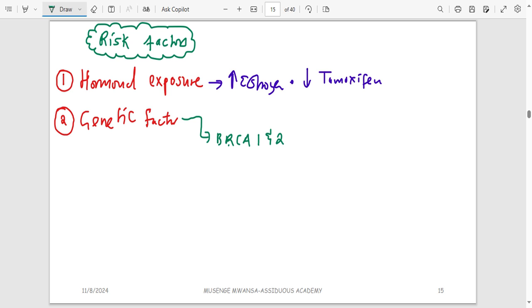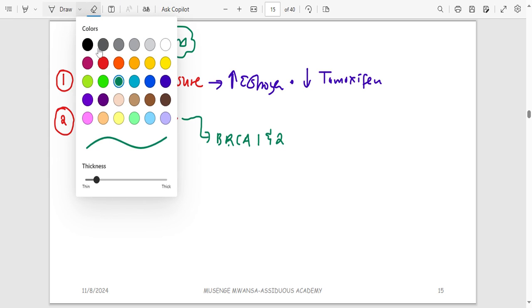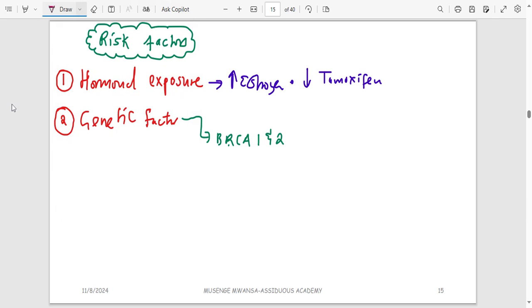So these genes are the ones that help in correcting those mistakes. So if they are mutated, they will not correct those mistakes. Okay. So these are the genes here. Okay, so basically we can go to another factor. Number three, anyone?